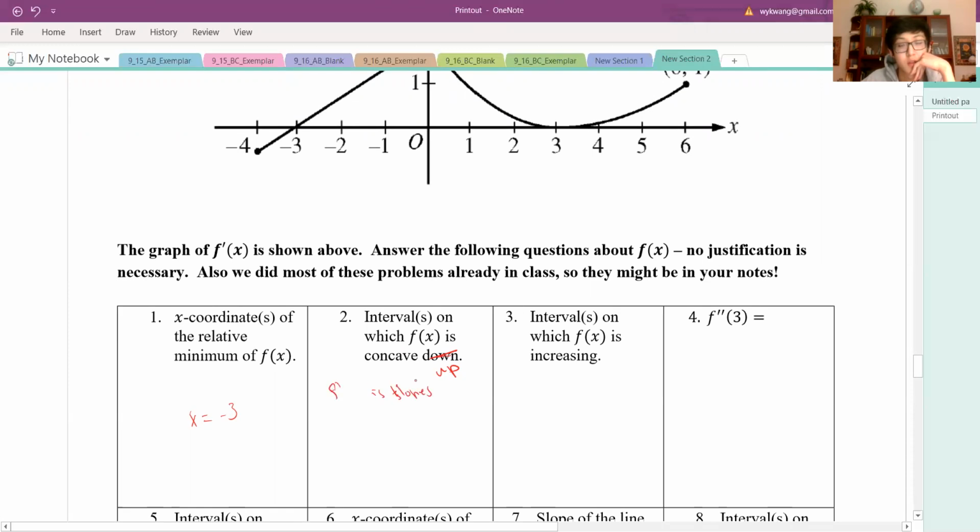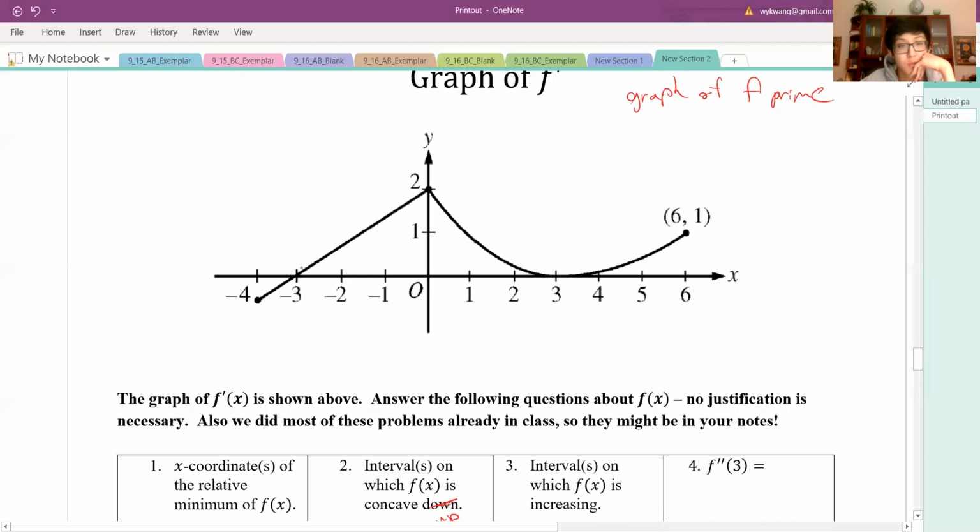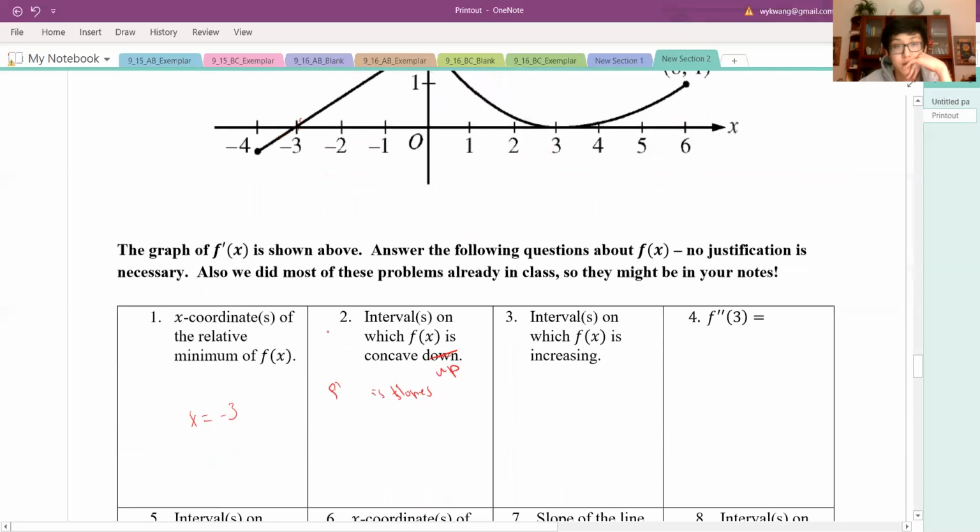And f prime here is going from negative to more positive, you can tell because it's just increasing. So it's actually from -4 to 0, and then also from 3 to 6.